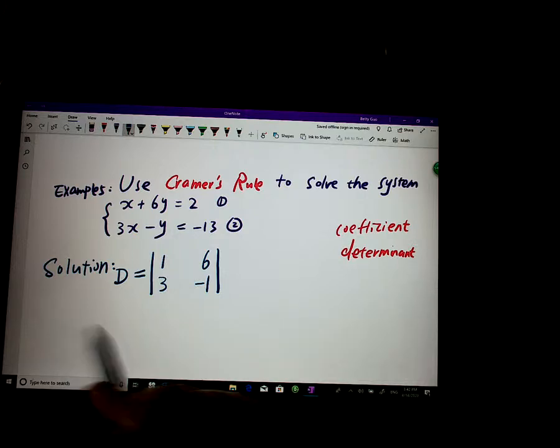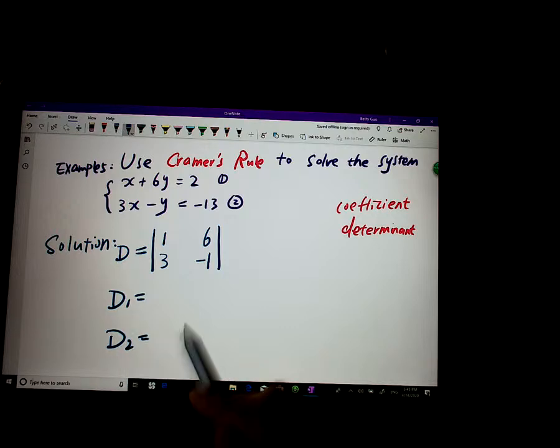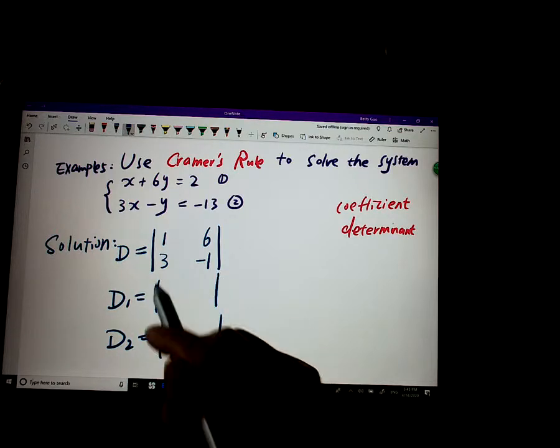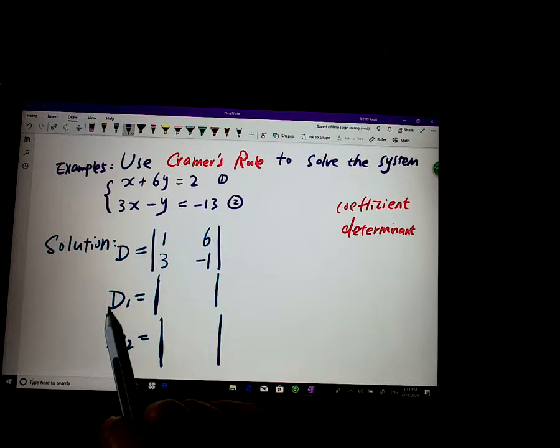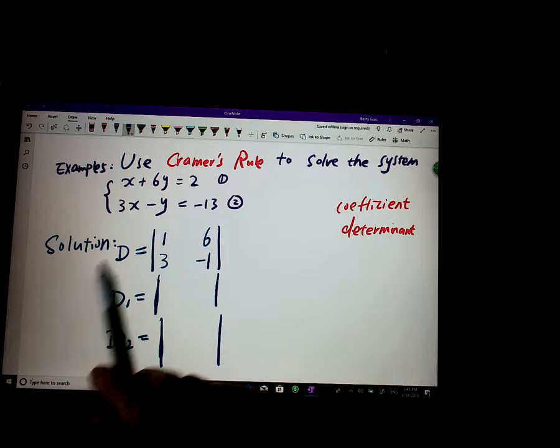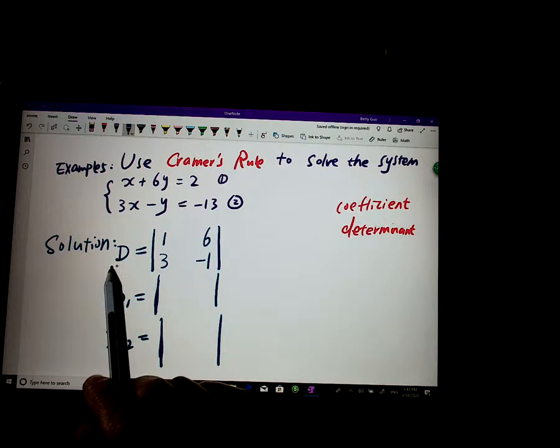And then we are going to construct another 2 by 2 determinant. Let me show you how, it's pretty interesting. We're going to derive D1 and D2. They are also 2 by 2 determinants from the coefficient determinant D.